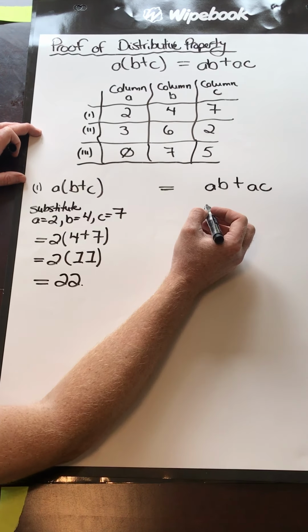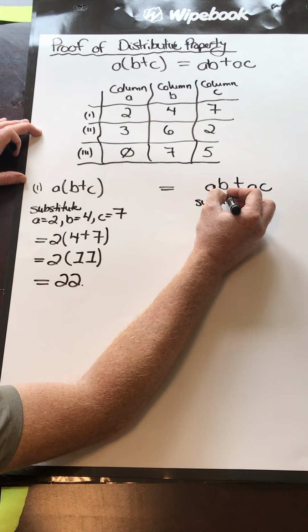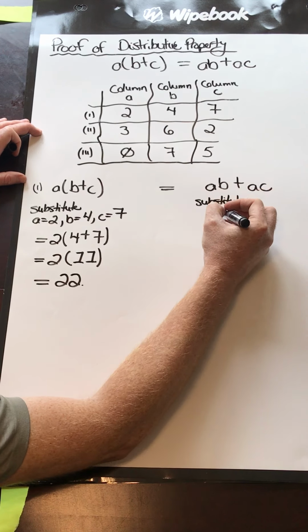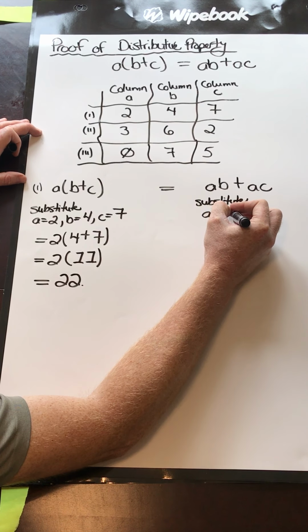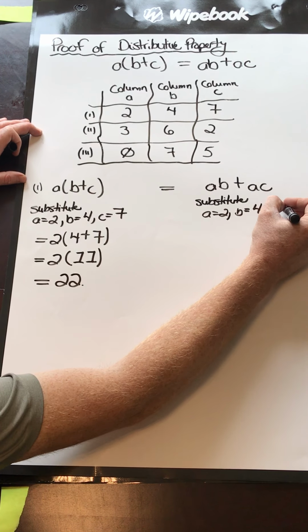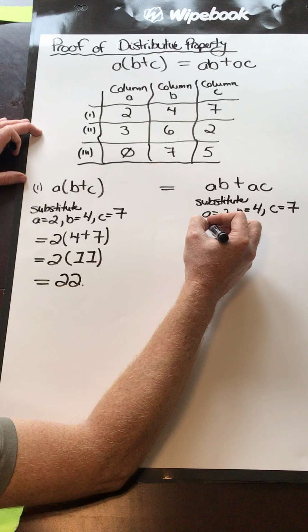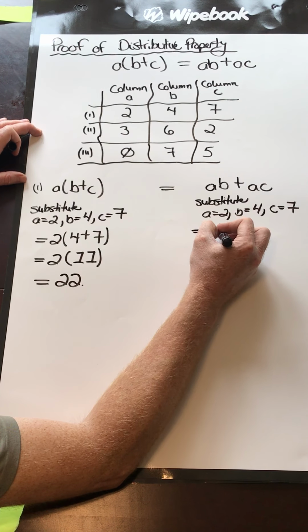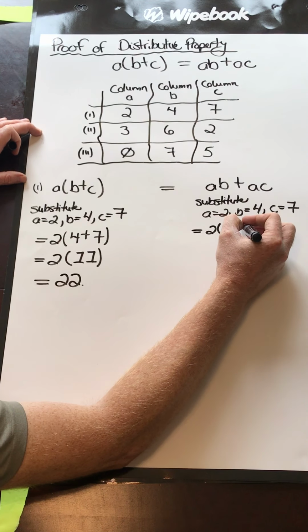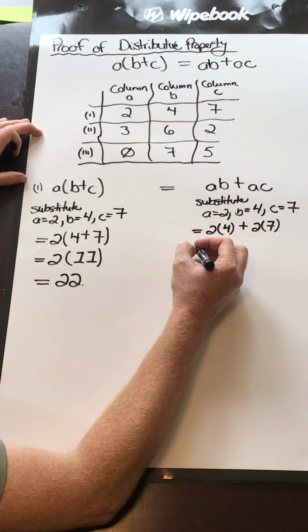Well, let's see what happens on this side. Again, I'm going to substitute A is equal to 2, B is equal to 4, and C is equal to 7. And I substitute it in, so I have 2 times 4 plus 2 times 7.